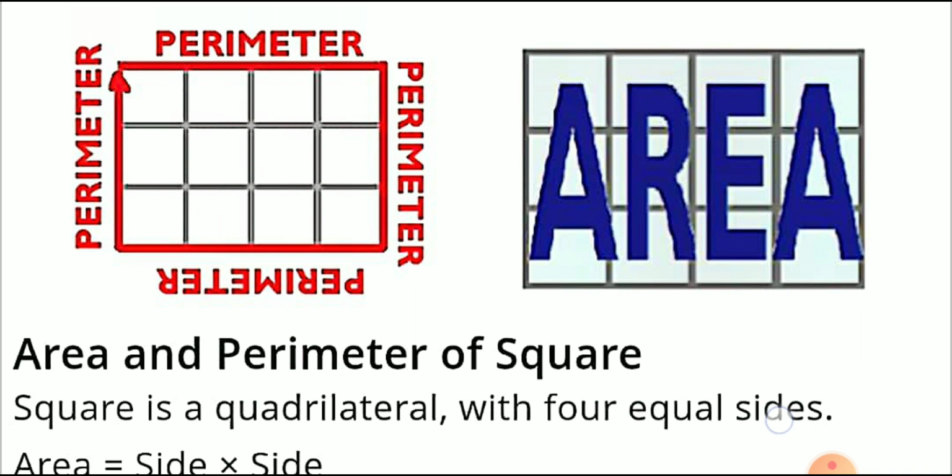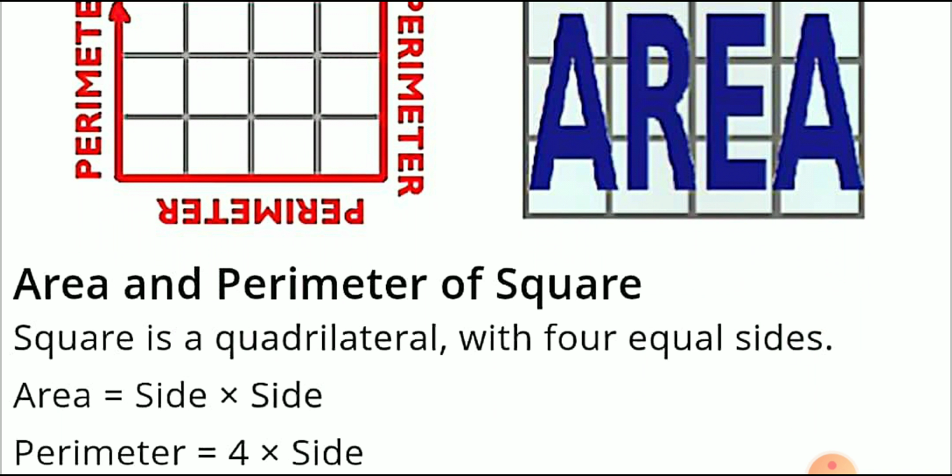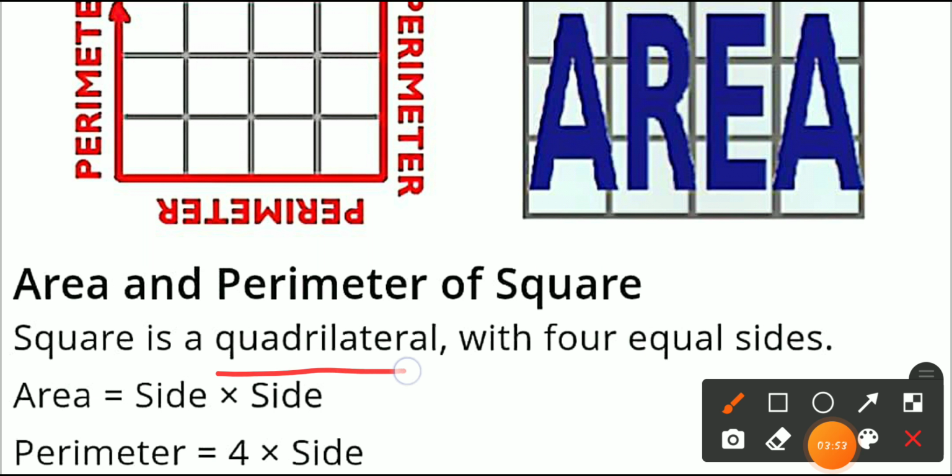So how to calculate the area and perimeter of a square? A square is a quadrilateral. Why is it a quadrilateral? A quadrilateral is a polygon which contains four sides, a polygon being a figure made up of line segments.